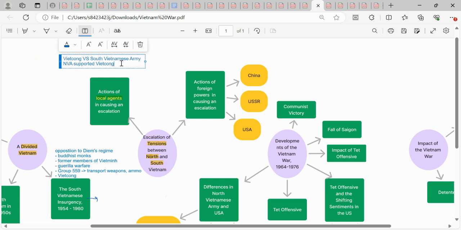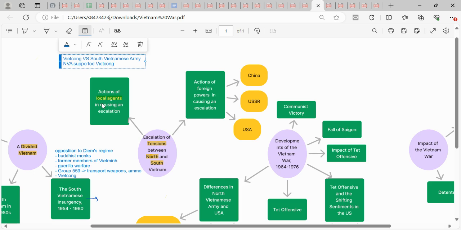Okay, a few more things about the local agents. To understand how the war actually looked, the Viet Cong and the NVA would attack South Vietnamese government forces, officials, buildings. They often chose to avoid well-defended South Vietnamese positions. So when they were conducting their attacks, they would sometimes target what we call soft targets.